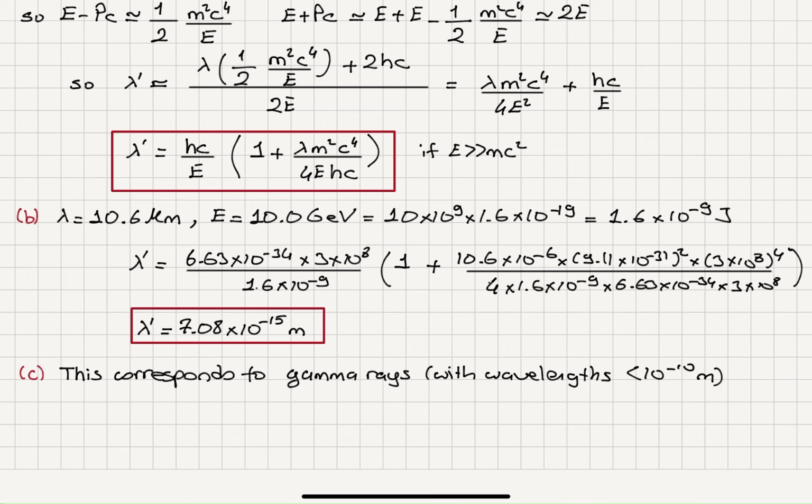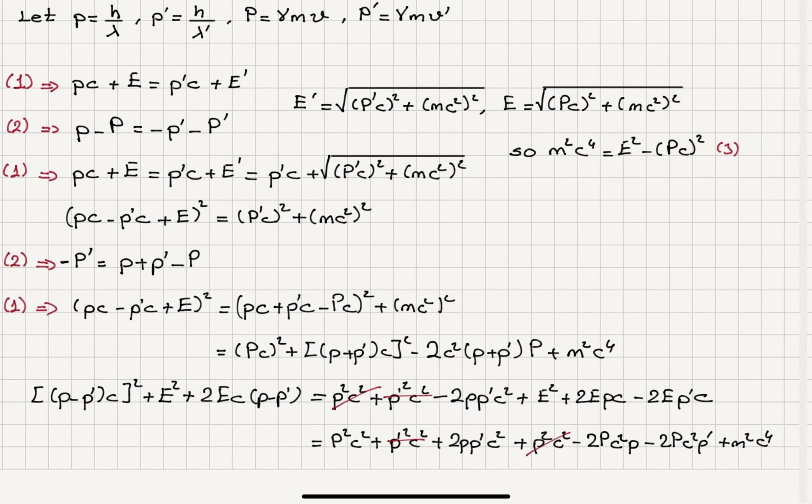We recognize these as gamma rays. So this can be used as a method to produce gamma rays as an application.